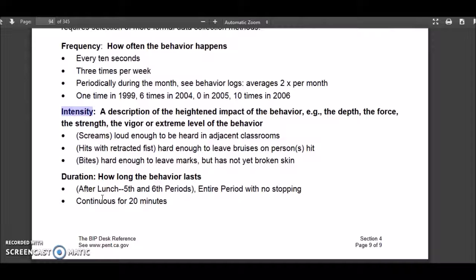How long does it last? For 20 minutes continuously, or is it just every few minutes? So this is very critical information, and again, the more vividly you describe the behavior, the better it is to be able to help the student improve, because you will be able to measure progress accurately.